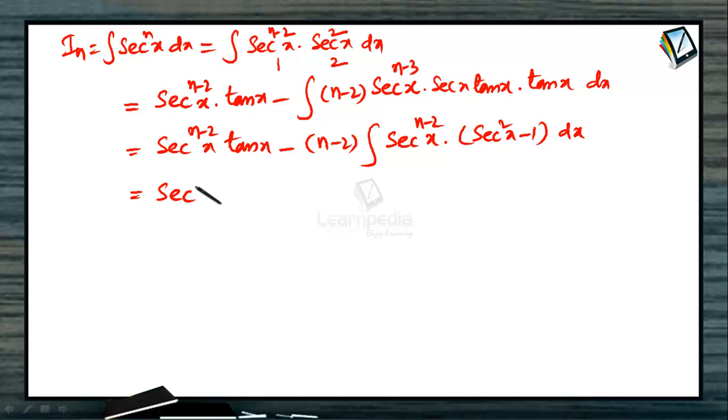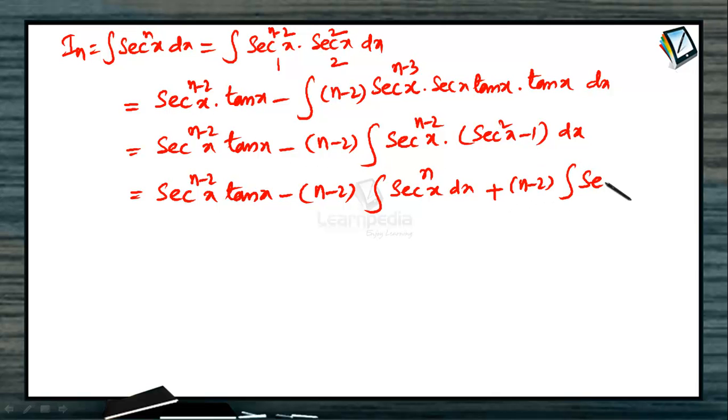That is secant to the power of n minus 2 of x into tan of x, minus n minus 2 times the integral of secant to the power of n minus 2 with secant square x, which is secant power n x dx. This minus into this minus becomes plus n minus 2 of the integral of secant to the power of n minus 2 x dx. Therefore this is I_n and here this is I_{n-2}.